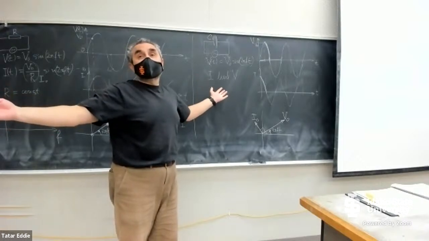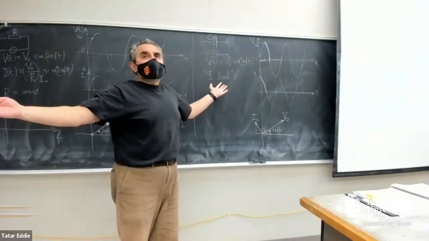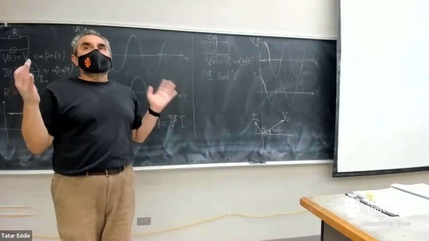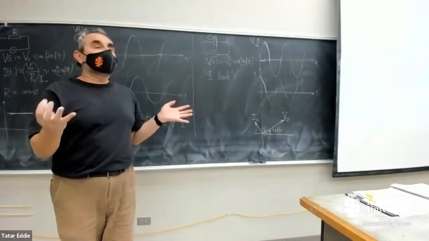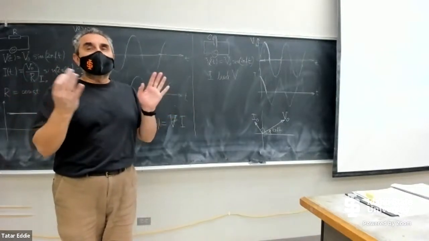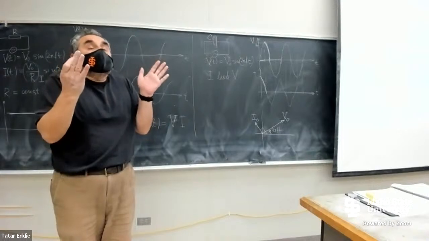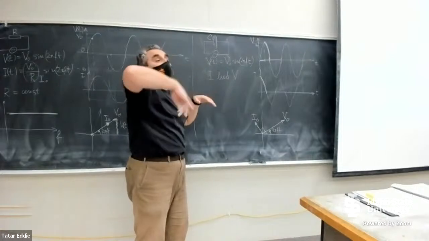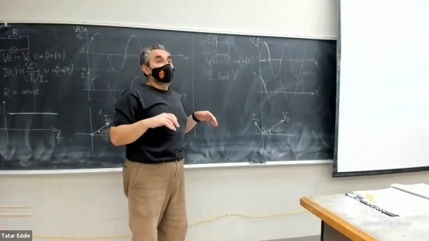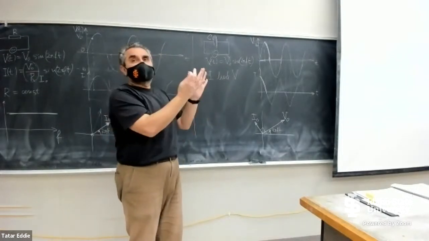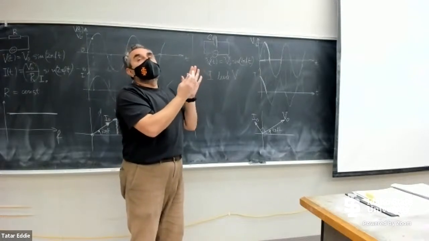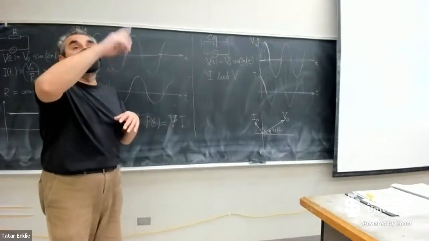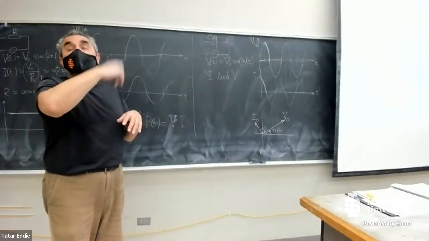Any current is going to stop. In other words, the capacitor prevents DC voltages from creating any current. DC voltage is voltage with frequency 0. No change, 0 frequency.